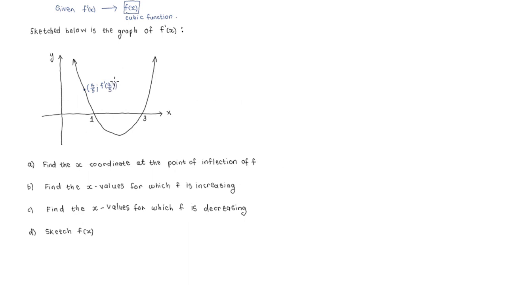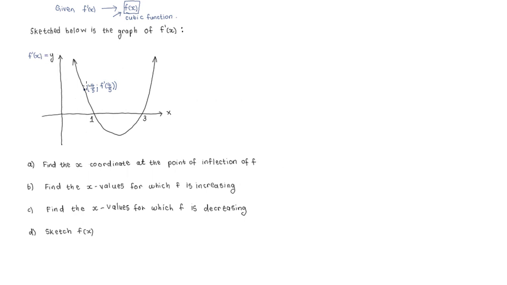In other words, this coordinate point is giving you the slope of the tangent line at x equals 4/5 on the function f of x. Do you see that? Technically, your y-axis over here is f prime of x equals y.